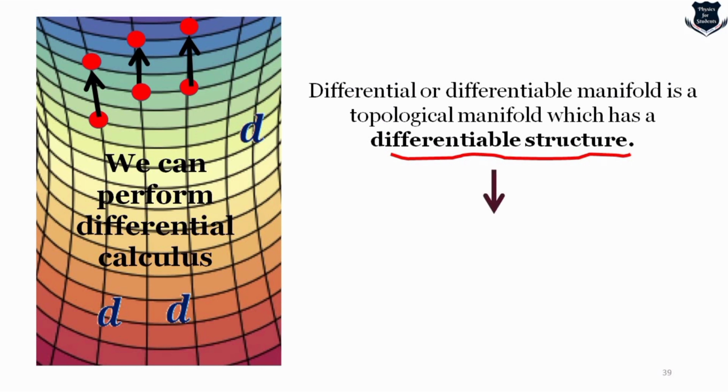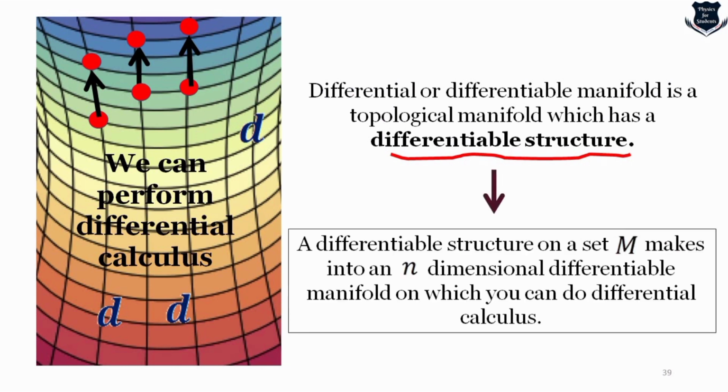And differentiable structure comes from this one. A differentiable structure on a set M makes it into an n-dimensional differentiable manifold on which you can do differential calculus. Right. So we started first with the tangent vector. The collection is called tangent bundle, and now these are the differentiable structure on which we actually calculate the manifolds calculation, and this is done through calculus.